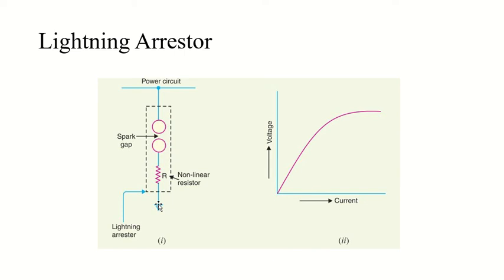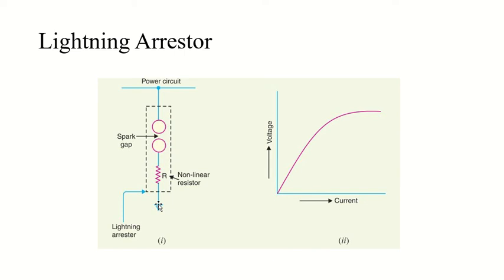So now let's see how it works. First let's talk about the normal conditions. In normal operation, the lightning arrestor is off, which means it doesn't conduct any current to the earth because the gap is non-conducting. But when overvoltage occurs, the air insulation across the gap breaks down and the arc will be formed.